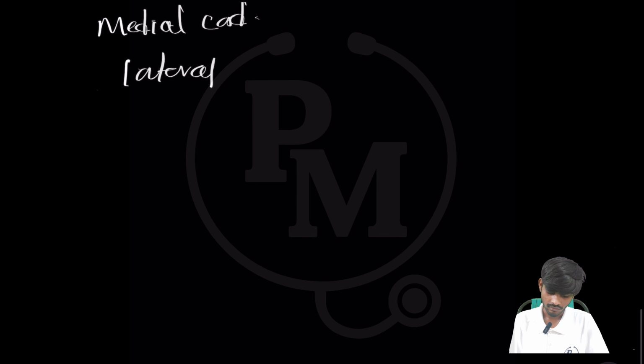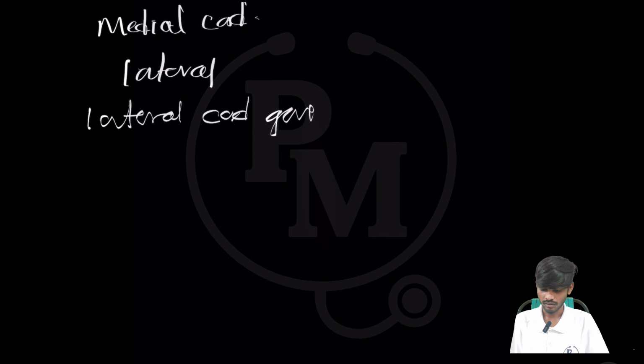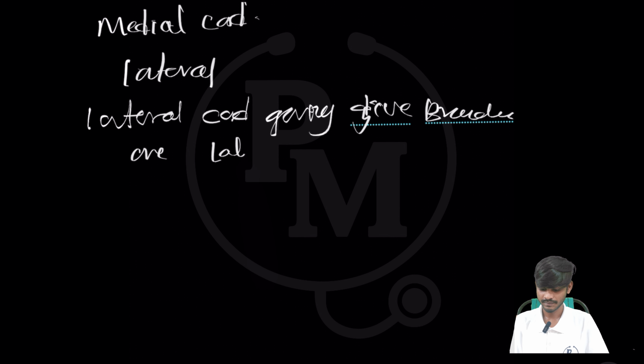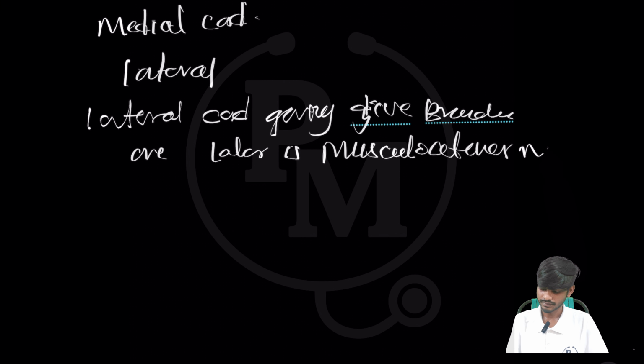Now the cords are going to give branches. One main branch of lateral cord is musculocutaneous nerve. This is the main branch of lateral cord.